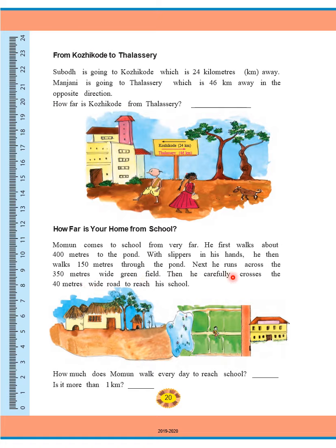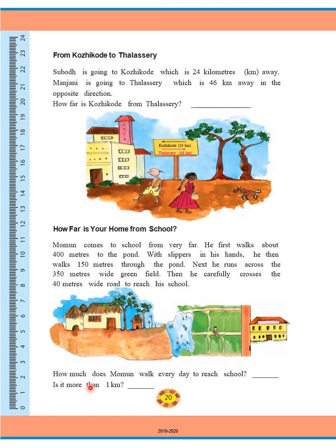Next, he runs across the 350 meters wide green fields. Then he carefully crosses the 40 meters wide road to reach his school. So this is Momun's house, and this is the school. Here he starts his journey, and this is the school of Momun.